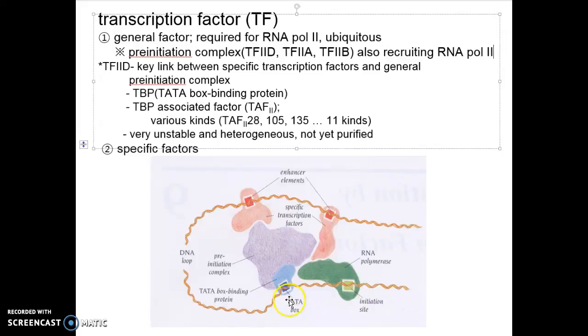The pre-initiation complex binds to the TATA box, recruits RNA polymerase II, and also recruits specific transcription factors. TFIID is the key link between specific transcription factors and the general pre-initiation complex.